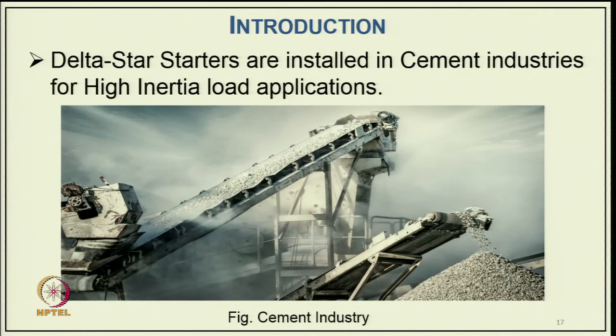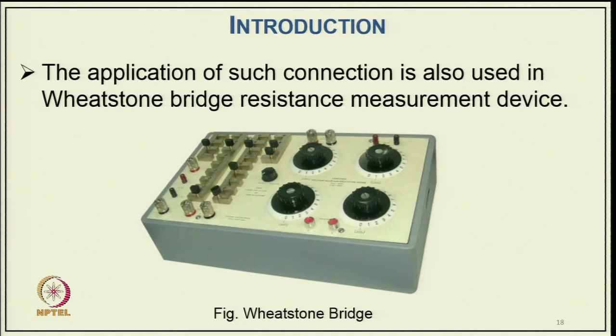Then delta star starters are installed in cement industry for high inertial load applications, and of course these are applications of star delta connection. The application of such connection is also used in the Wheatstone bridge resistance measurement device, which is quite famous to measure the resistance of an unknown resistor or unknown equipment.